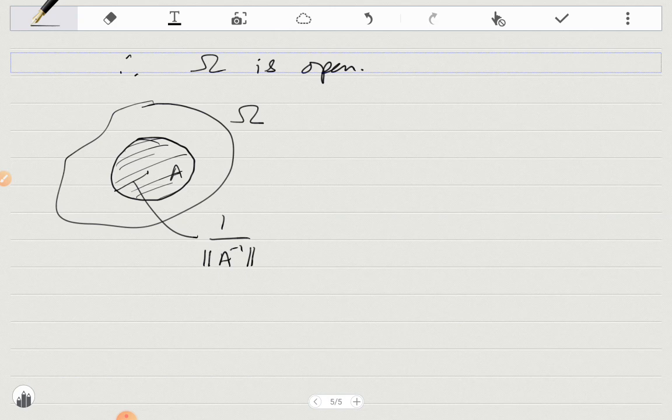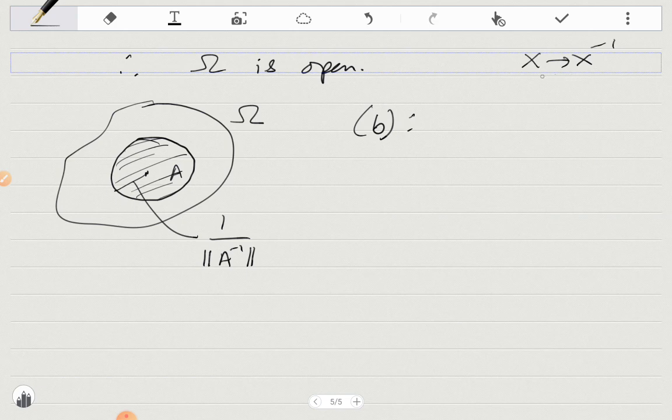So as I said, the advantage of this proof is that one has an estimate for the size of the ball contained in omega, which is helpful for what we are going to do. For part B, part A says that omega is open, but now I would like to say that the inversion map, x going to x inverse, is continuous.